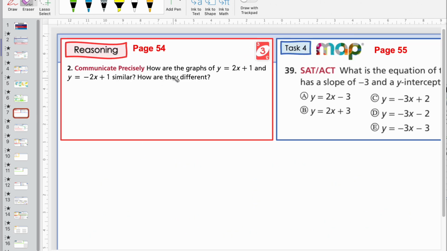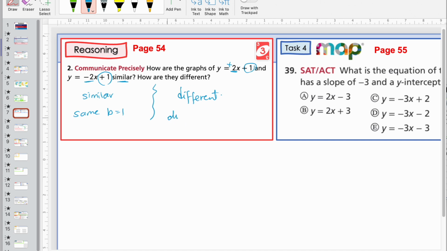Here we have, how are the graphs, this one and this one, similar, and how are they different? I can see right away that they have the same y-intercept. So this is how they are similar. Same b. How are they different? One of them has a positive slope, one of them has a negative slope.